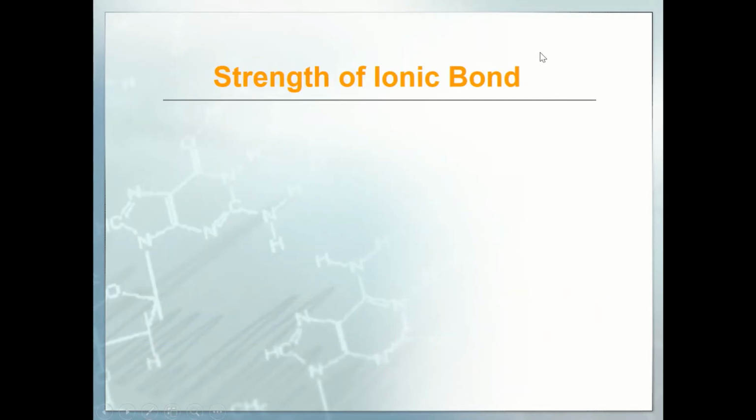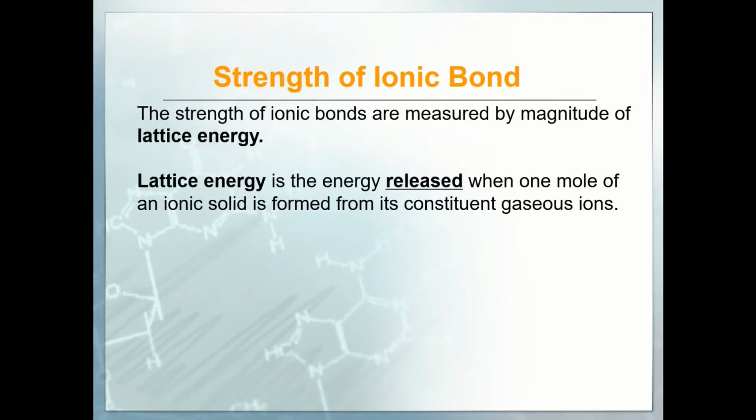So how do we actually measure the strength of ionic bonds? The strength of ionic bonds is measured by the magnitude of lattice energy. We will cover more on lattice energy when we do chemical energetics later on, but for now you just need to know the definition.